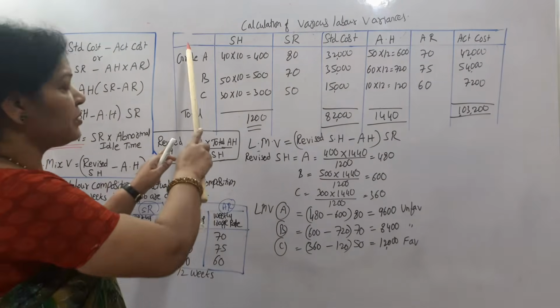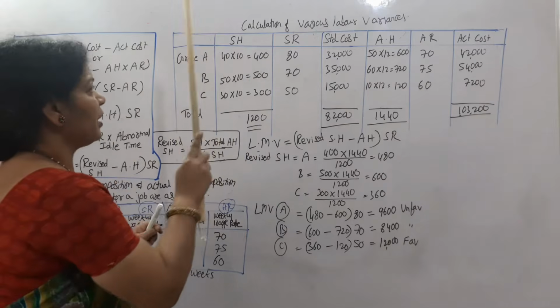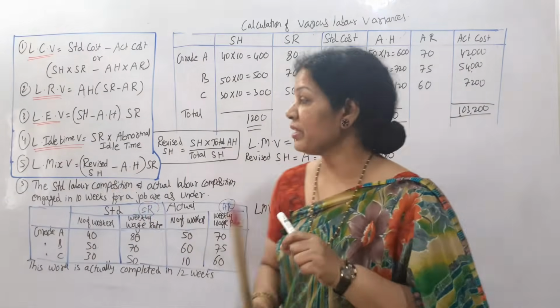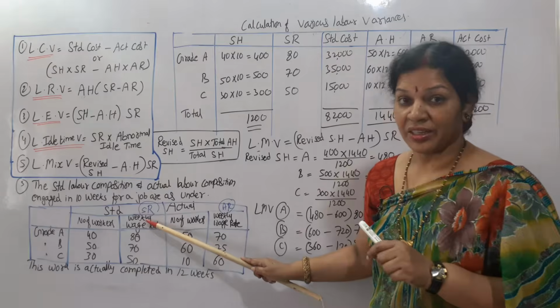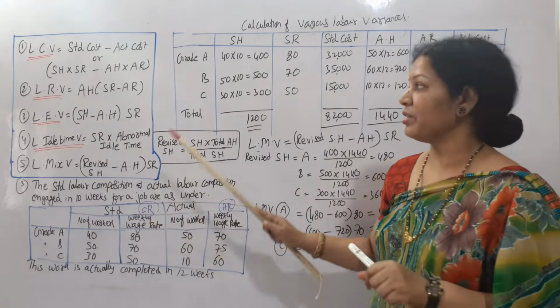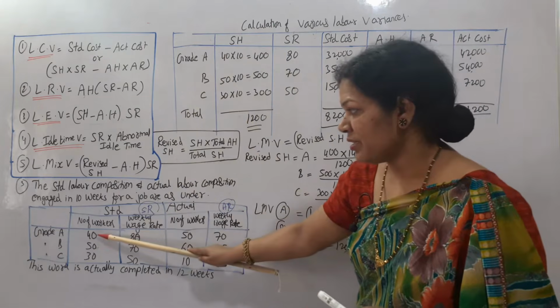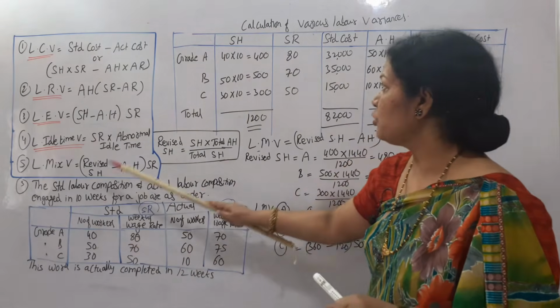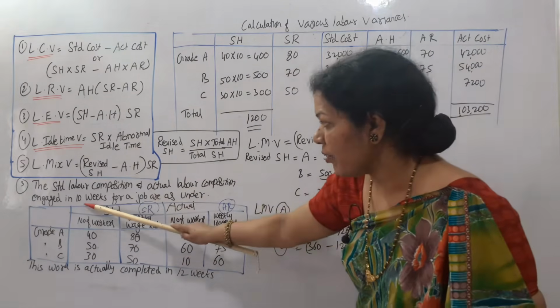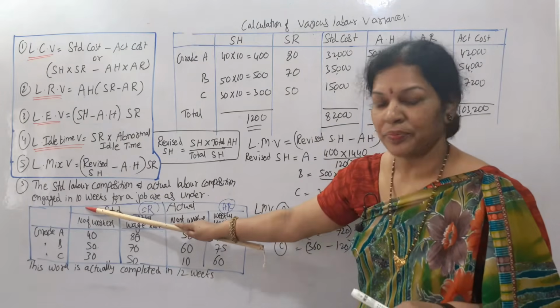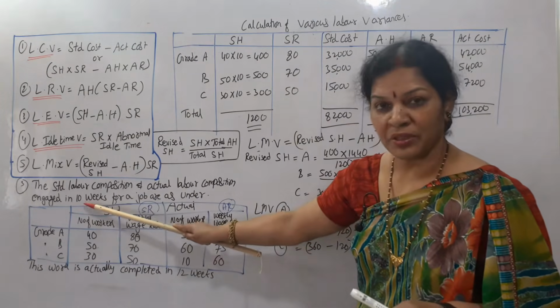Now grade wise I have put it in one column, and standard hours. Standard hours, how do we get? Standard rate is given, standard hours are not given. So standard hours is workers into how many weeks? 10 weeks. Each worker is working for 10 weeks.